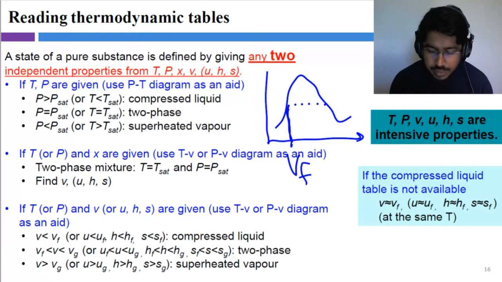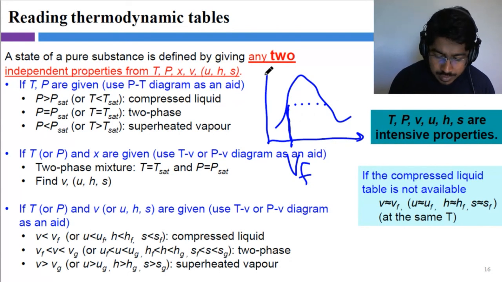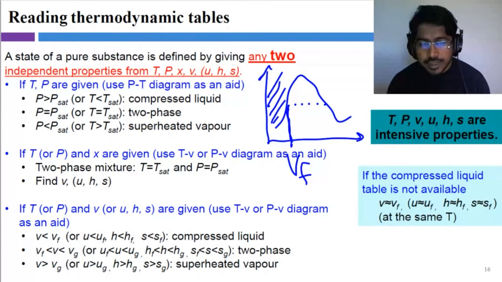For a given temperature or pressure, if our specific volume is less than v_f, that means we are in this region, which is the compressed or subcooled liquid region.